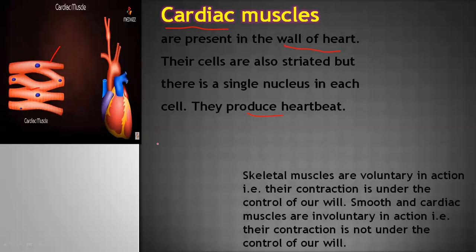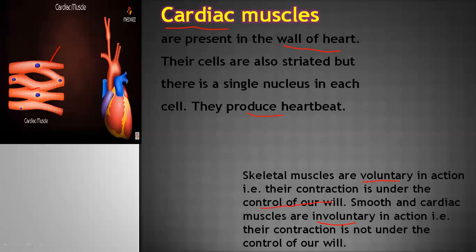Okay, up to here we have studied the muscles and some tissues. For muscles, one thing is very important: some muscles are voluntary and some are involuntary. Voluntary means the muscles which contract or do their action under the control of our own will.